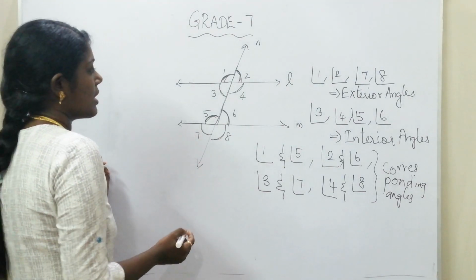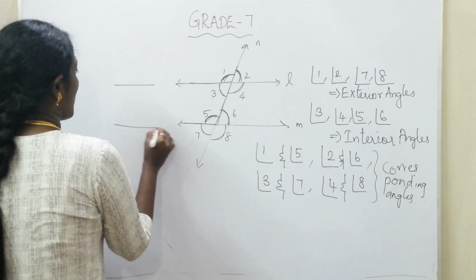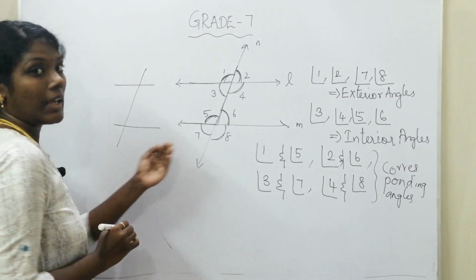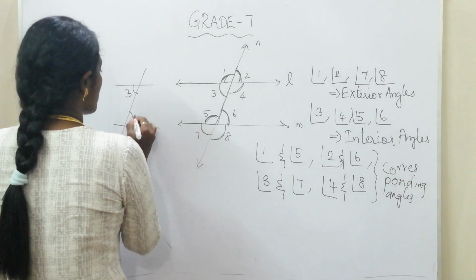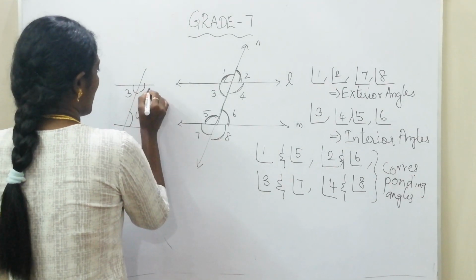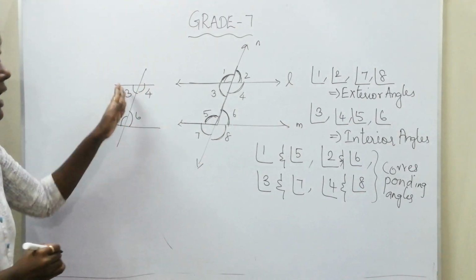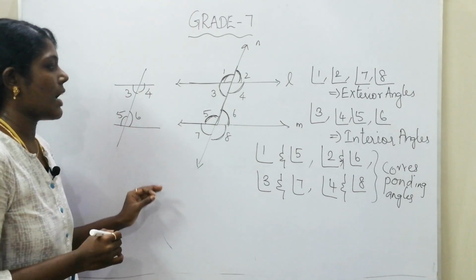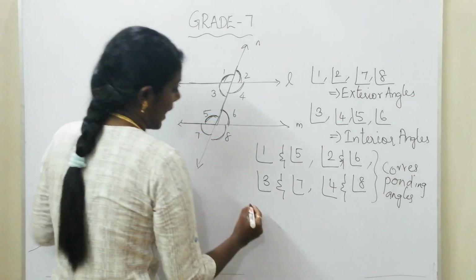Next, I am going to go with alternate angles. If you take the alternate angles, I am taking a transversal, the same parallel lines, but taking a section of it. When you take 3 over here, you have 6 on the other side. When you take 4 over here, you have 5 on the other side. So crisscross angles are called alternate angles, and since they are inside, we call them alternate interior angles.